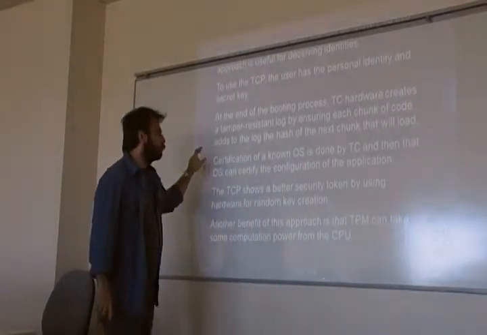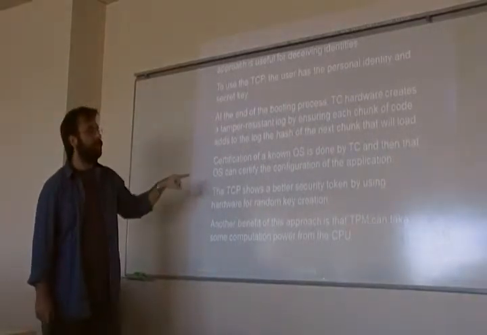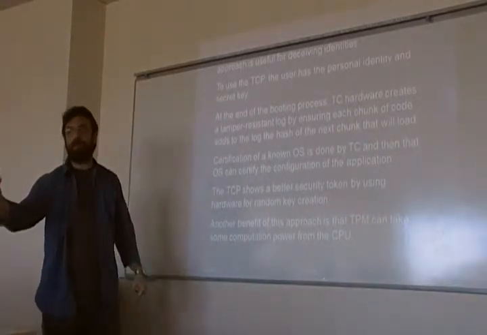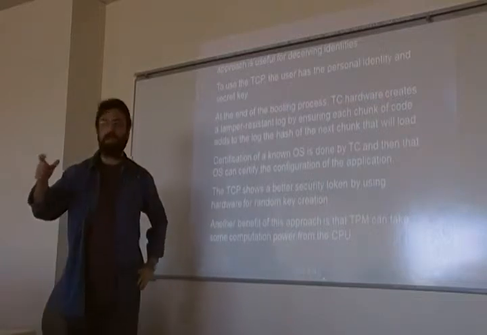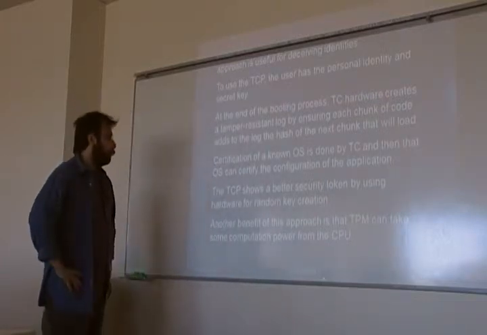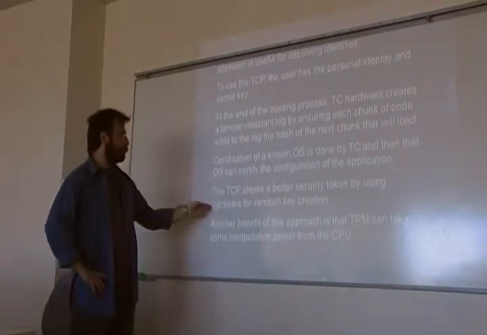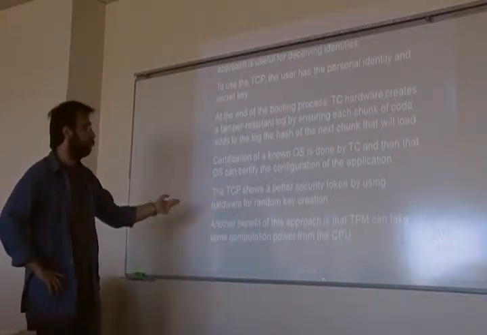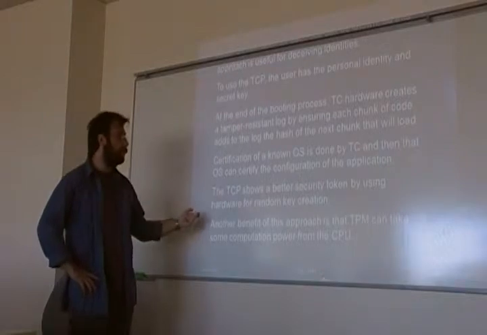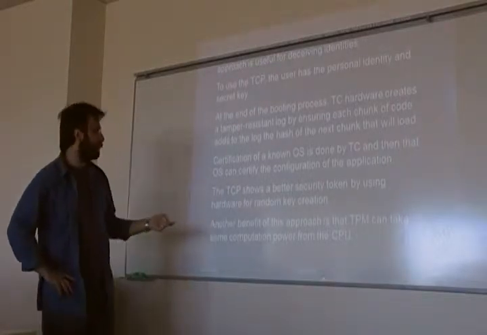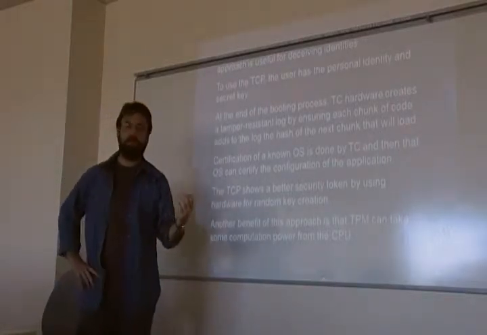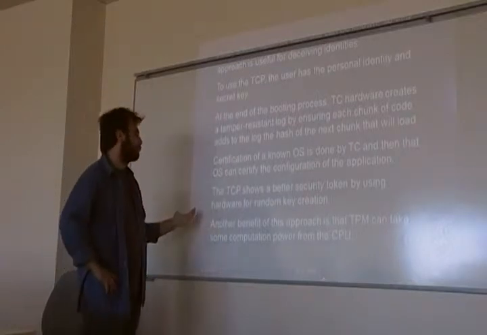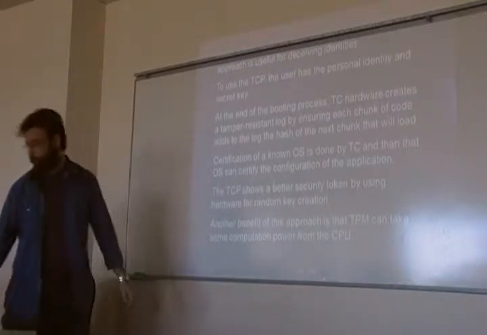So certification of an OS is done by TC, and then the OS can certify the configuration of the application. Also, the TCP shows a better security token by using hardware for random key generation, and another benefit of this approach is that TPM can take some computation power from the CPU because it is another hardware.